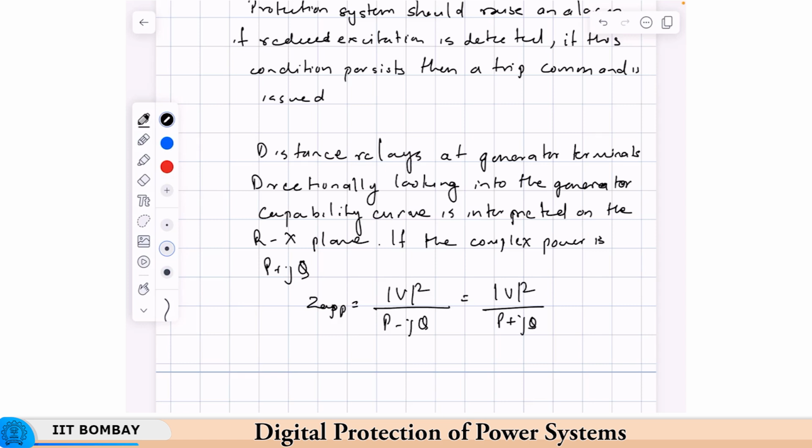Sorry, this is not P plus jQ, this is (P square plus Q square) into (P plus jQ).